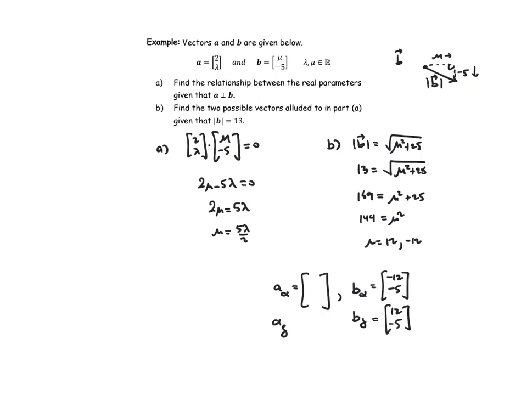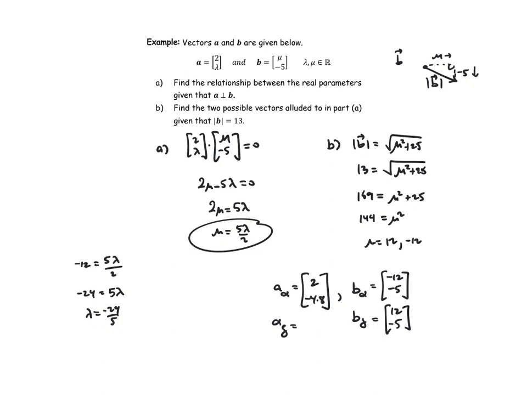So if mu is negative 12, then it looks like lambda will equal negative 24 fifths, which comes out to be negative 4.8. So that should be a positive 2 and a negative 4.8.